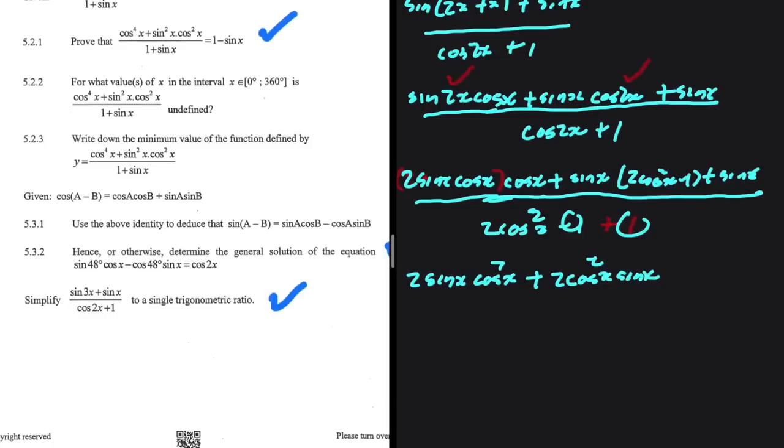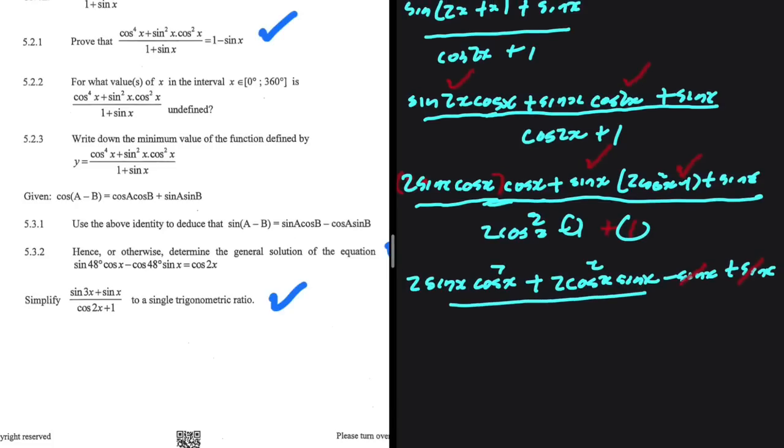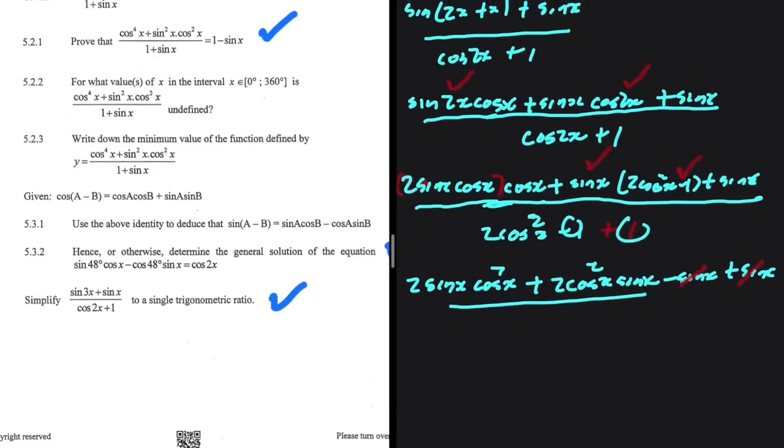And then we're going to have sine of x multiplied by minus 1. So that will be minus sine of x plus sine of x. Clearly, minus sine of x plus sine of x will give us 0. So we are dividing by 2 (cos of x) squared.